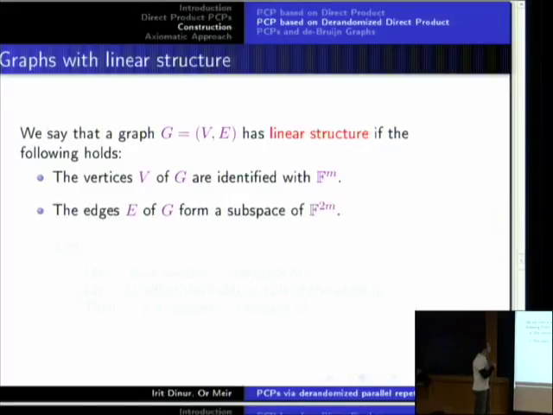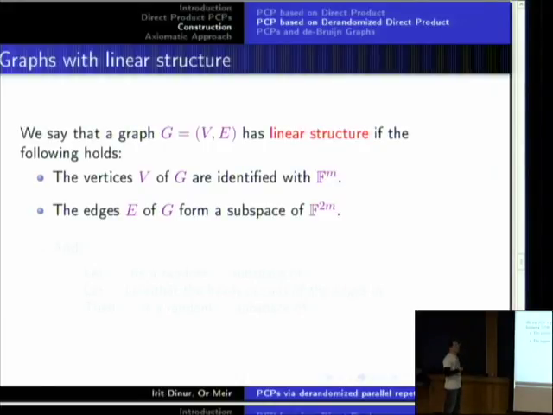A more important requirement is that edges of the graph can be thought of as pairs of vectors from F to the m. If we concatenate those pairs of vectors, we can think of the edges as elements of F to the 2m. So I now require that not only the edges are elements of F to the 2m, but the set of edges forms a subspace of F to the 2m.